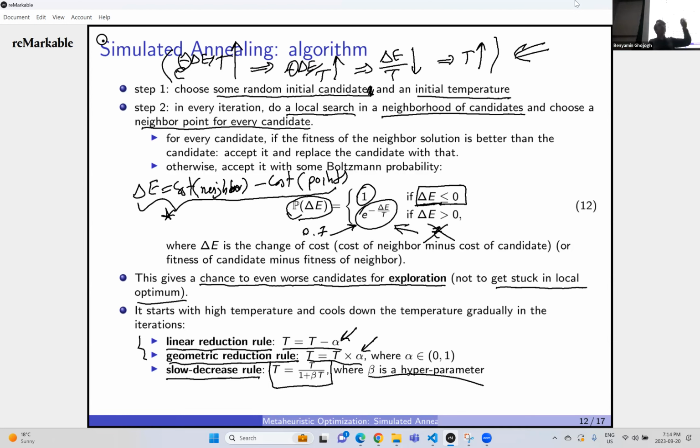Almost correct. So we generate a random value between 0 and 1. In any programming language you are using, you can generate a random value between 0 and 1. Do you agree? In Python, in MATLAB, in C, whatever, generate some random number between 0 and 1 and compare that random number with this value.